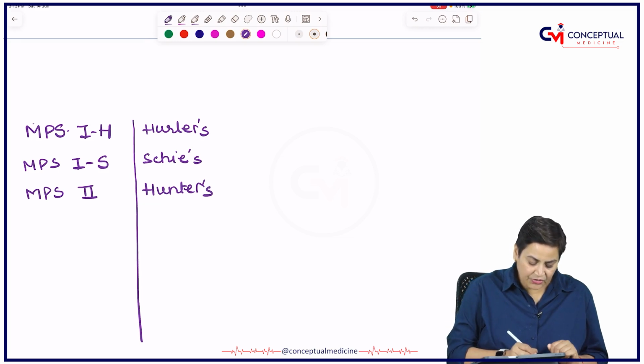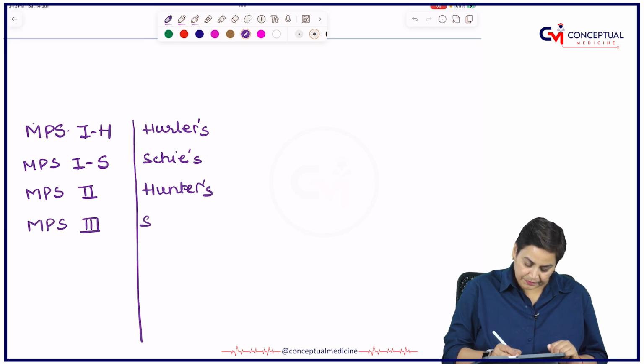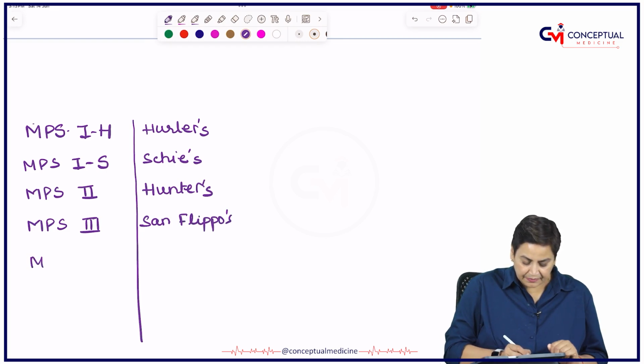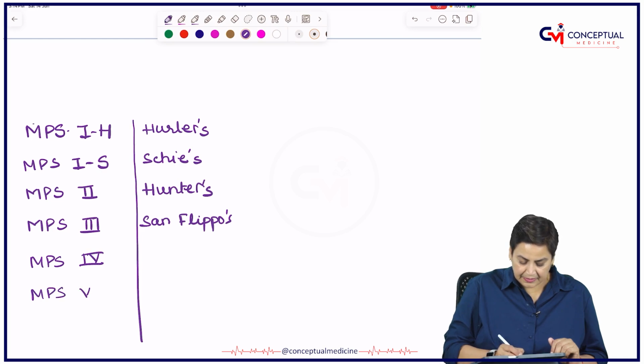Then MPS 3 stands for Sanfilippo's. MPS 4, there is no MPS 5, and MPS 6.